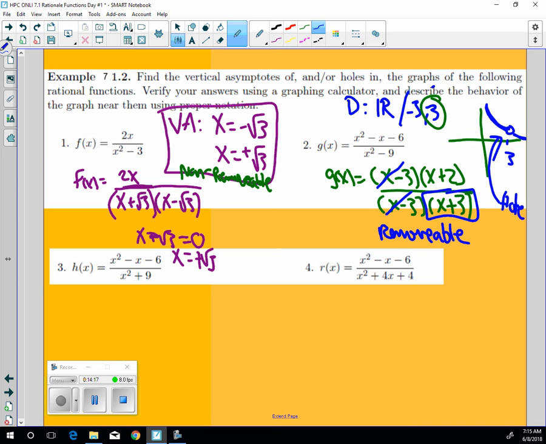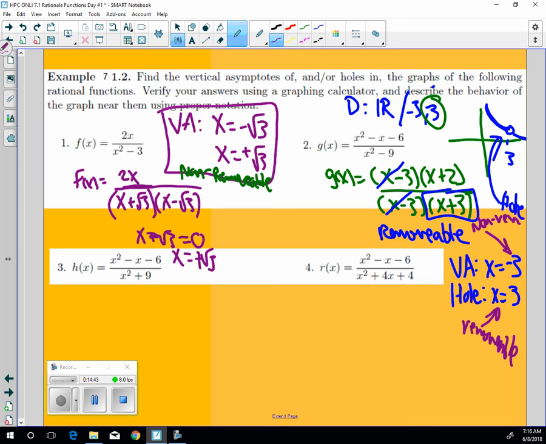Well, that's going to be a vertical asymptote at x equal to negative 3. And a hole at x equal to 3. Because the 3 canceled out, it's removable, and this negative 3 doesn't cancel out, so it's non-removable.